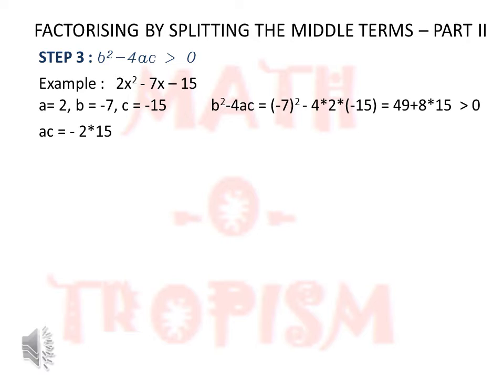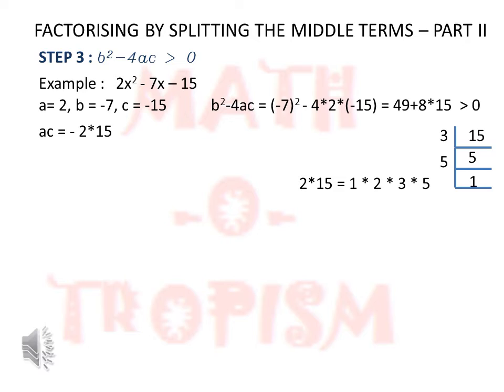Now 15 is not a prime number, so I am prime factorizing and I find that it has the factors 3, 5 and 1. So always include the 1, which is very important, because sometimes that one plays a part in splitting. So always when we are writing AC and splitting it into factors, include the 1. So here 2 into 15 is now 1 into 2 into 3 into 5.